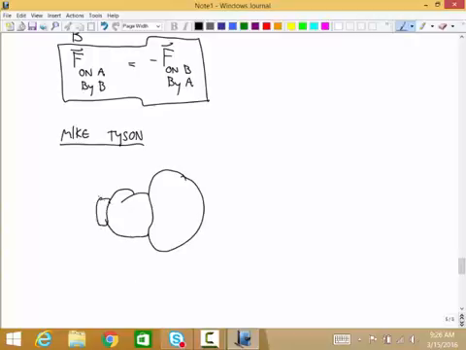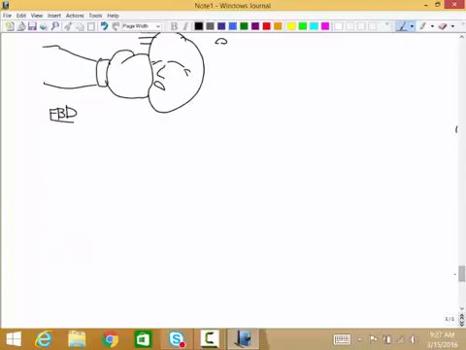Okay, so this is Mike Tyson's glove. This is my physics teacher's face. And it's funny because if you technically draw the free body diagrams, there's the arm.